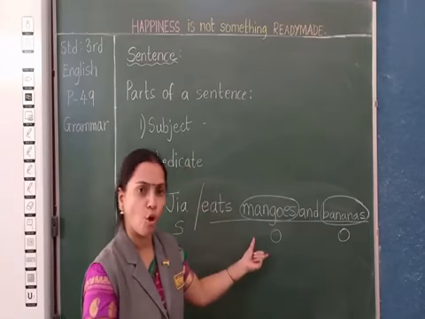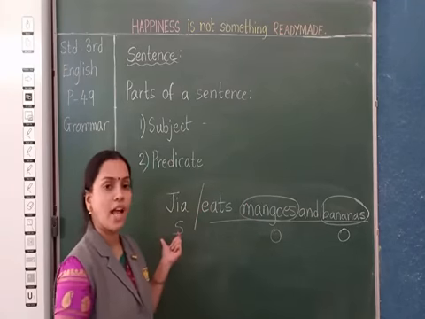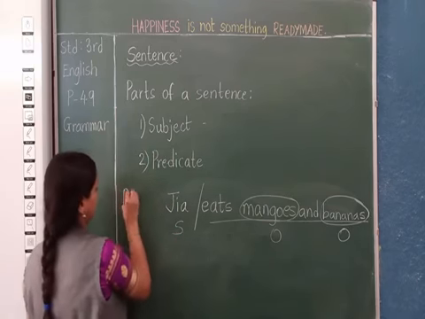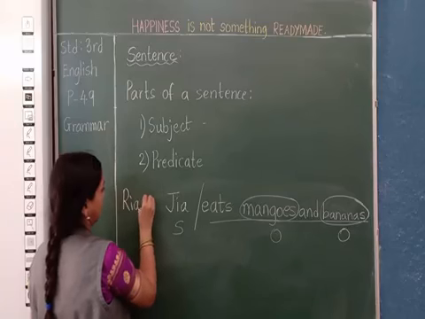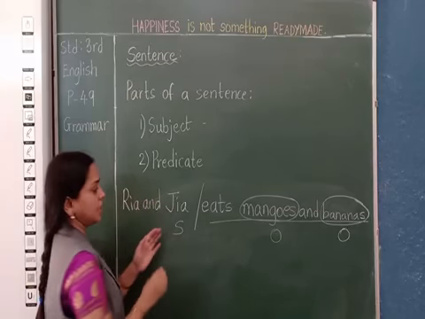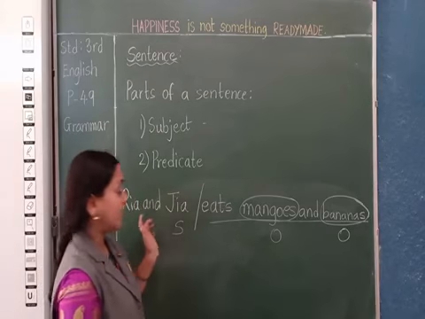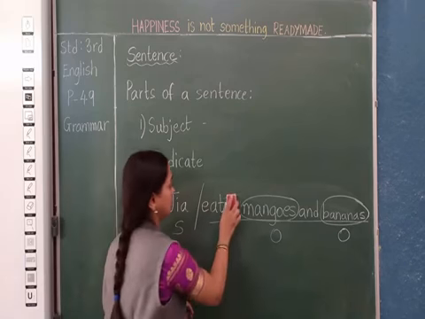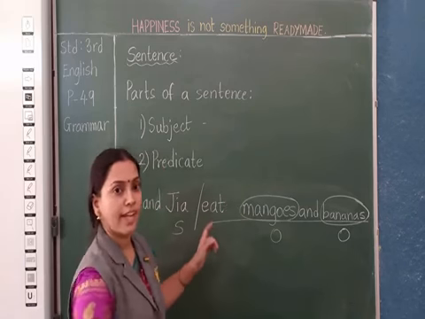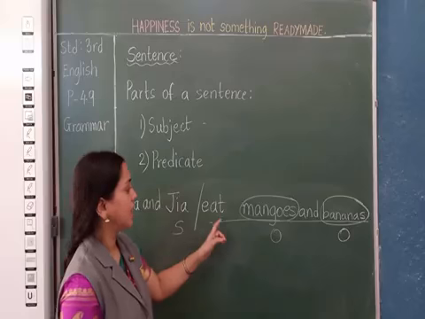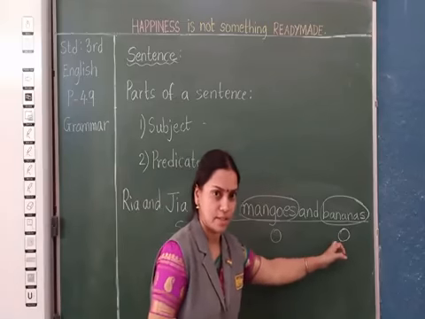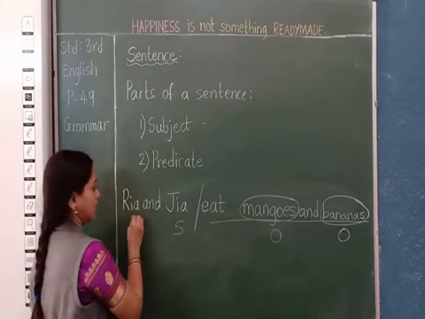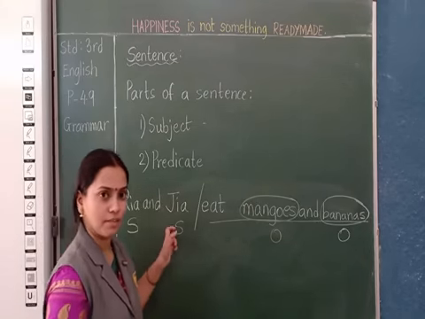Just like we have two objects here, we may even have two subjects. Suppose if I say Riya and Jia. Now, can we say eats? No. We will have to say eat. Jia and Riya eat mangoes and bananas. So here we have two subjects, Riya and Jia.